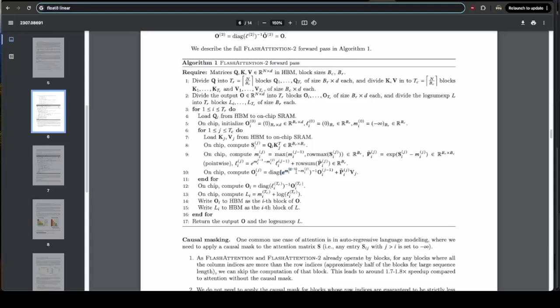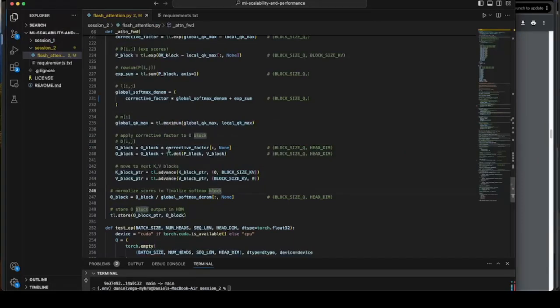And so they're effectively applying this corrective factor to the previous running output block that we've accumulated so far, and then adding our new local value: the softmax scores minus the max for numerical stability, that's what P is, times V. So this is the standard attention stuff, right? Just that local matmul, and that's what we're doing here.